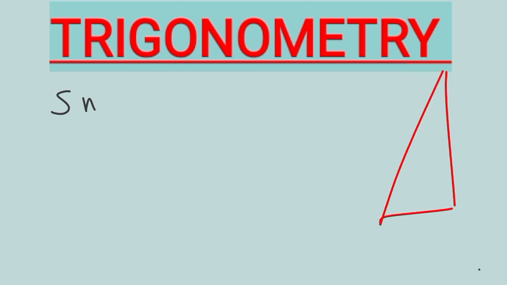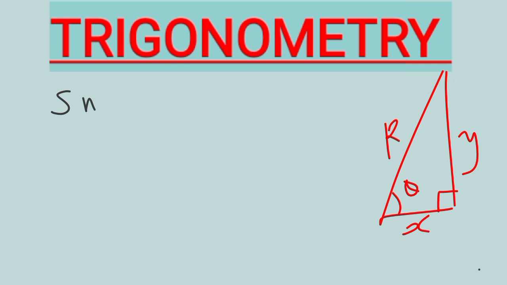Okay, so now sine theta. Let me just put a triangle here so that we don't make any rough mistake. Okay, we have a triangle there, a right angle triangle. This side is termed as r, this side x, this side y. So let us now find the ratios.